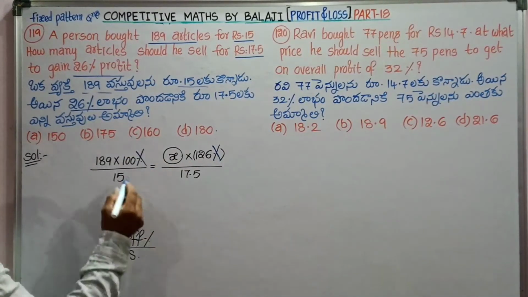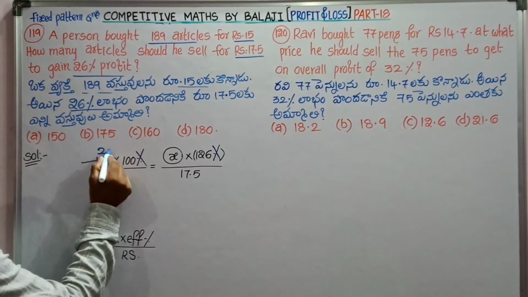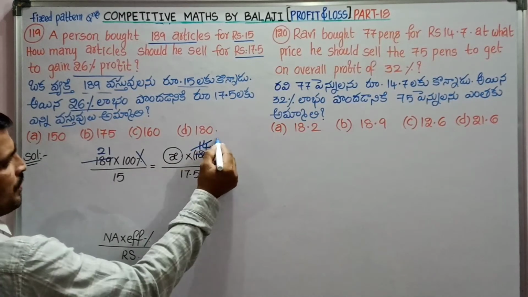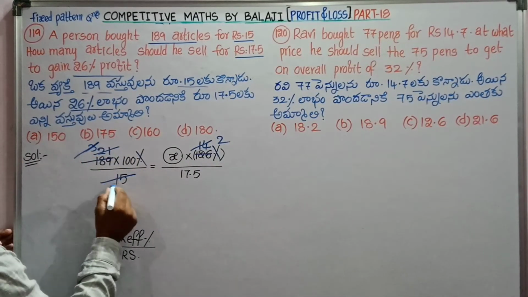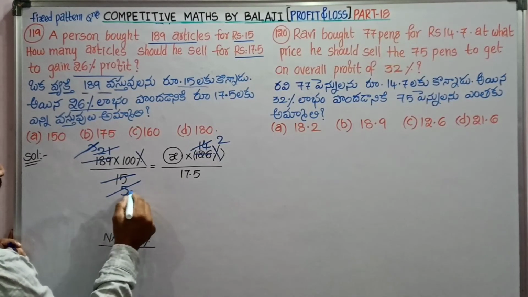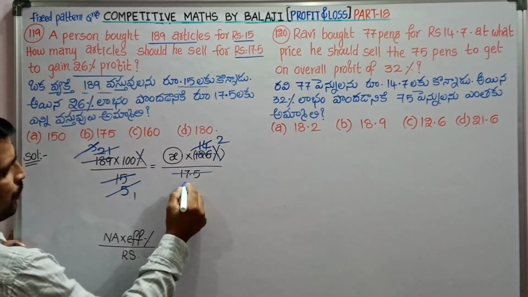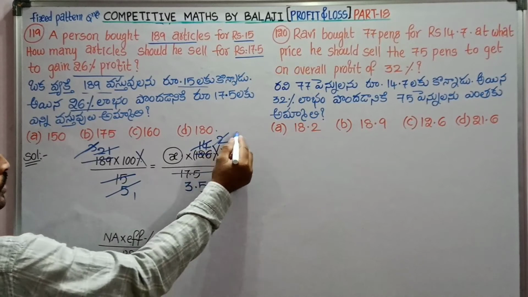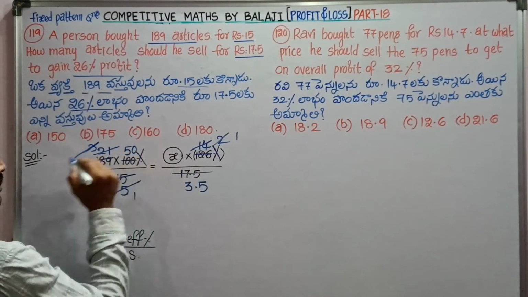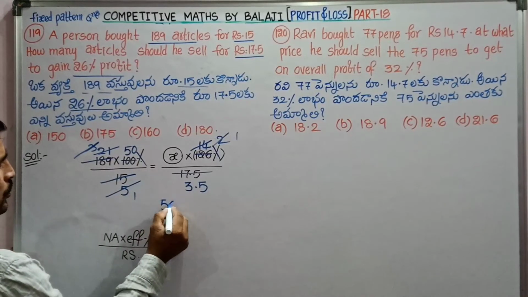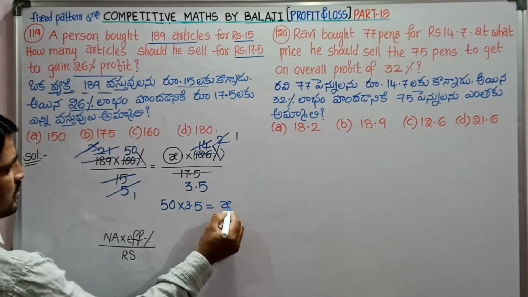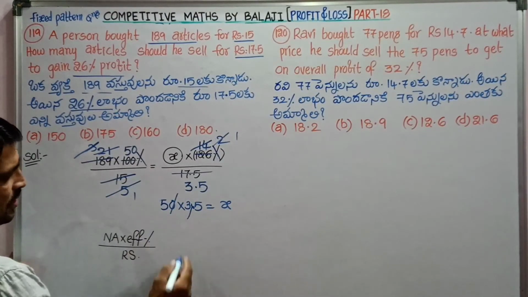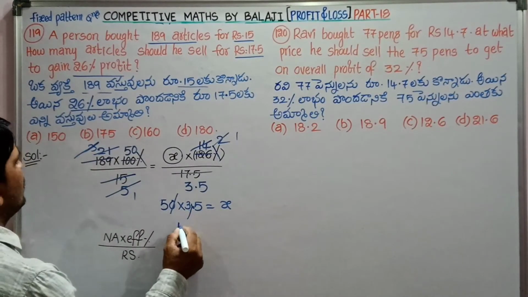Now, percentage gets cancelled. 9 2s are 18, 9 1s are 9, 3 remainder, 9 4s are 36. 7 2s are 14, 7 3s are 21. 5 3s are 15, 5 5s are 25, that is 3.5. 2 1s are 2, 2 50s are 100, that is 50 into 3.5 equals X. Decimal point, zero cut. 5 3s are 15, 5 5s are 25, that is 175.